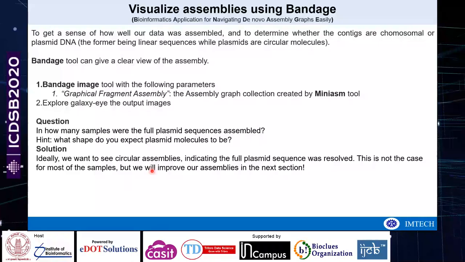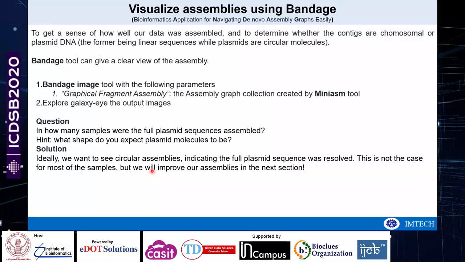There is a tool for visualizing assemblies, a bioinformatics application for navigating de novo assembly graphs easily. To get a sense of how well our data was assembled and to determine whether the contigs are chromosomal or plasmid mediated, we used the Bandage tool, which can give a clear view of the assembly.